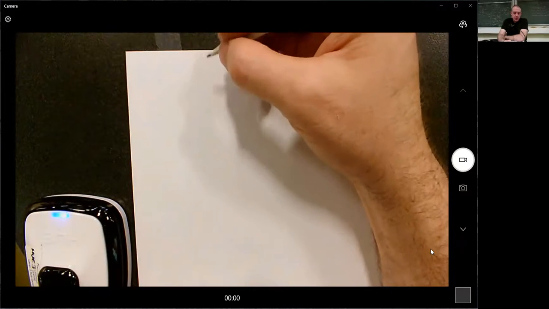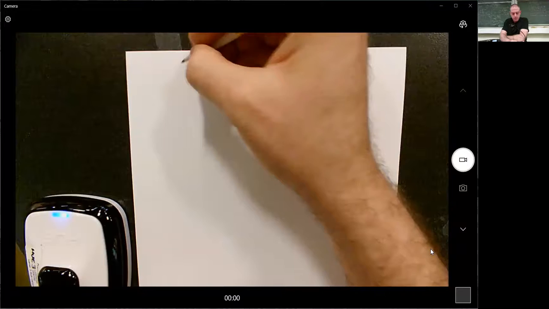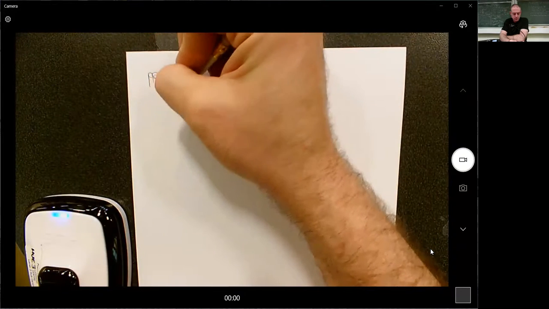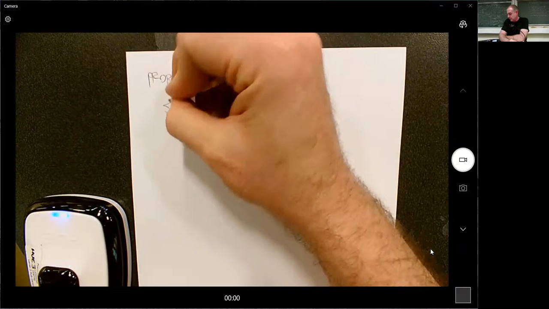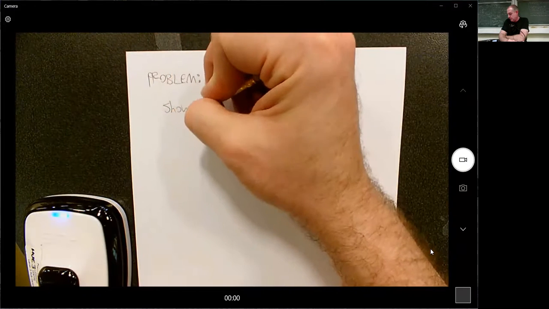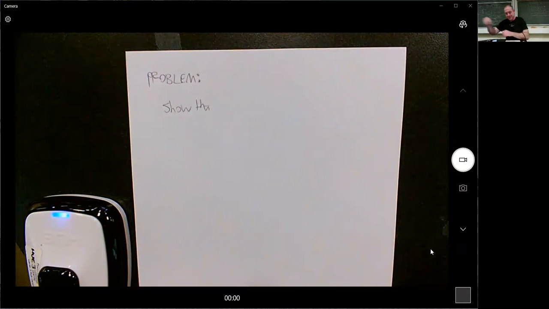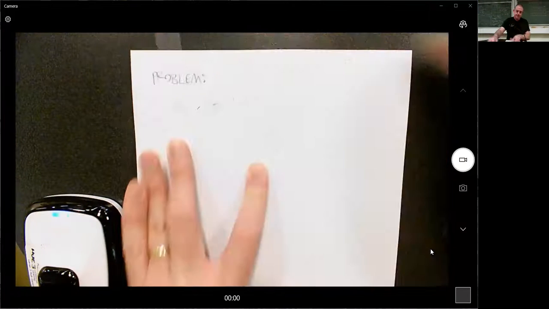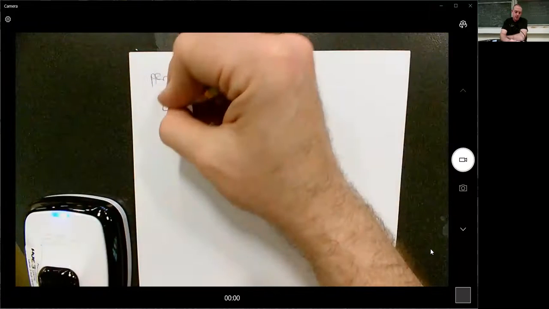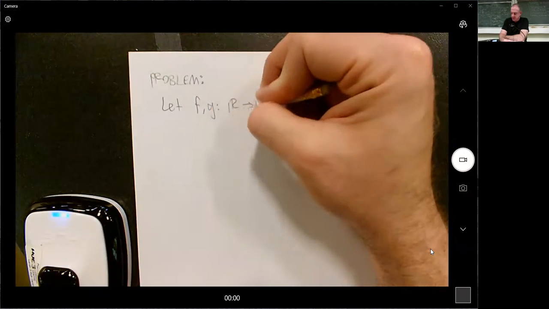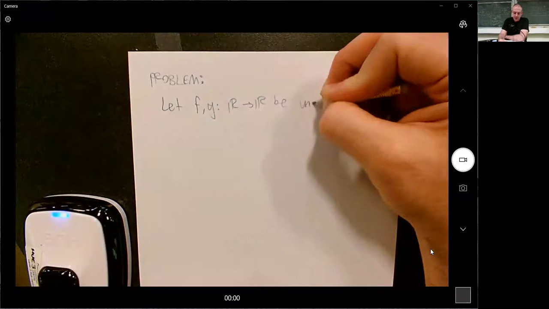So I've got a problem here that says, f and g, which both send R to R, are uniformly continuous.